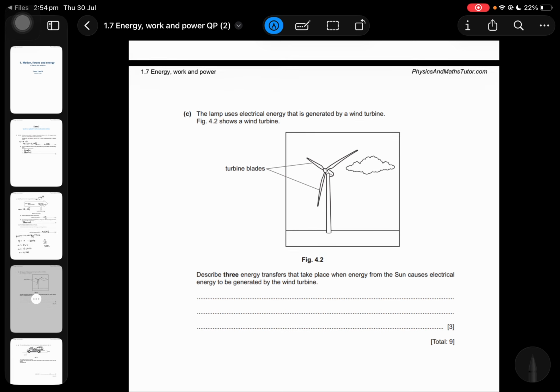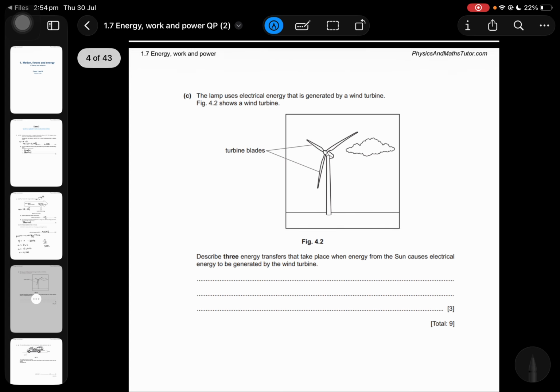The lamp uses electrical energy that is generated by a wind turbine. Fig 4.2 shows wind turbine blades. Describe three energy transfers that take place when energy from the sun causes electrical energy to be generated by the wind turbine.